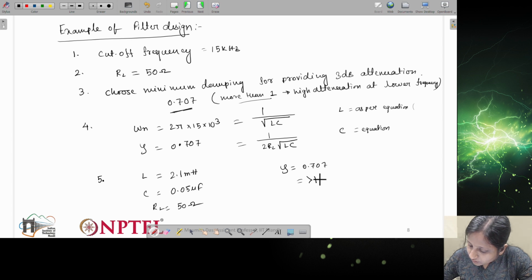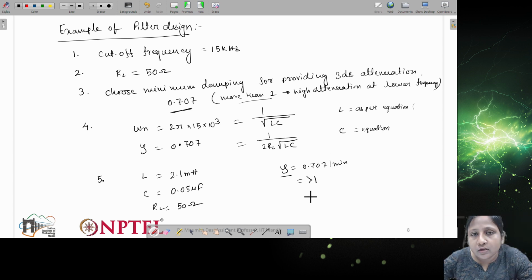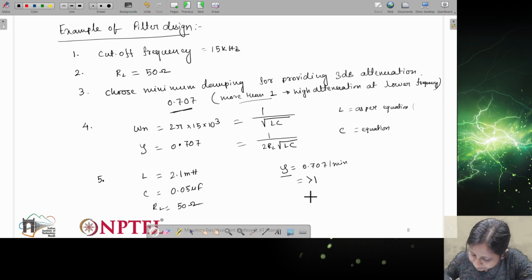You have to see that it is more than 0.707, and whenever you have calculated this LC, you can again recheck what the value of zeta will be. So the zeta value should match at minimum this value or be more than 1. Ideally, whenever we select the final zeta, it should be more than 1.